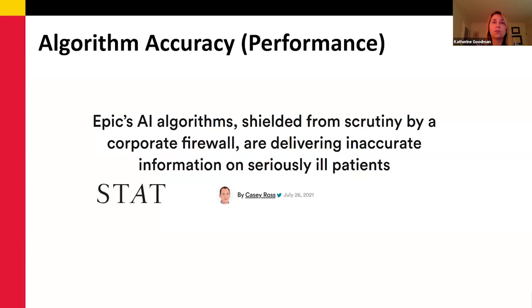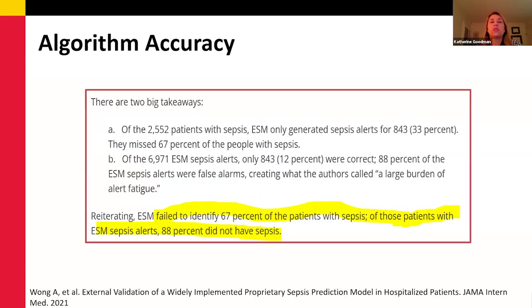Well, the problem, and we saw this in a study from JAMA Internal Medicine published just before the Stat News article that I showed on the previous slide, is that actually this algorithm just didn't perform very well. Ultimately, it was missing about 2/3 of the patients who actually did have sepsis.